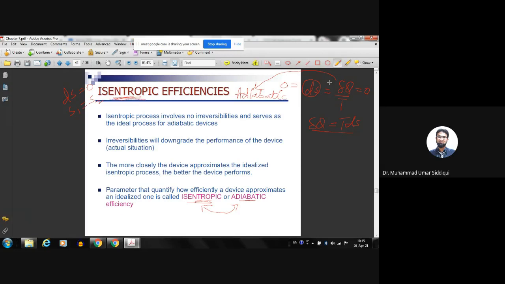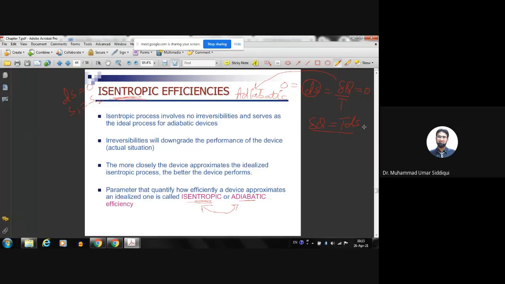Suppose I have an isentropic motor. In that case, it will also be adiabatic, because there is no irreversibility, there is no friction. No friction means no heat generation. No heat generation means no heat loss. So there is no heat going in and out of the system if my system is the motor.